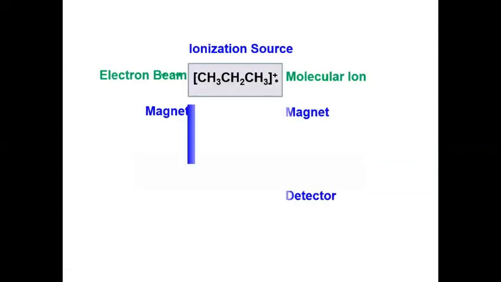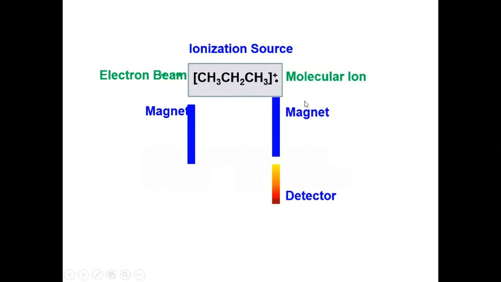Now we will put this molecule in a mass spectrometer, and here we have an ionization source. From the ionization source, an electron beam will be produced and hit the molecule, and we will get this molecular ion peak.